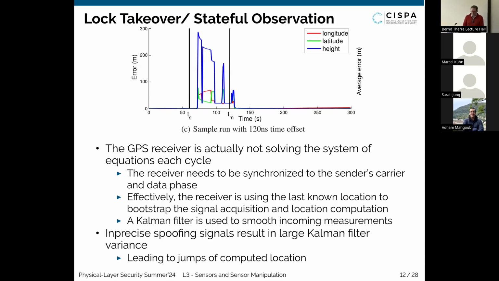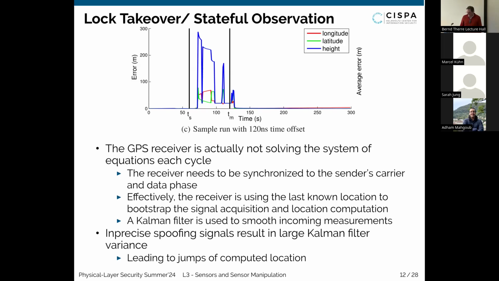After the pulling away, in this attack, the victim was completely tuned to the signals of the attacker. The location that the victim estimated was again very consistent and didn't have any errors anymore. At this point, the attacker could pull away the location of the victim to somewhere else.